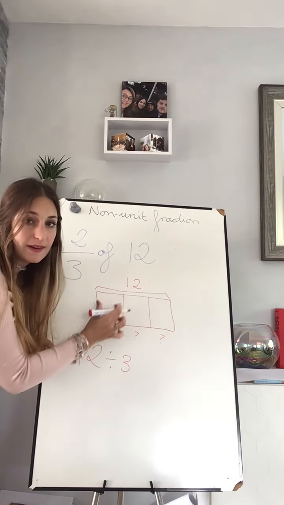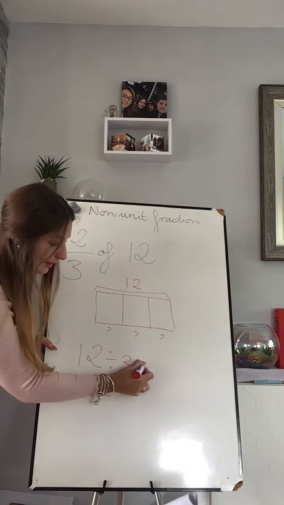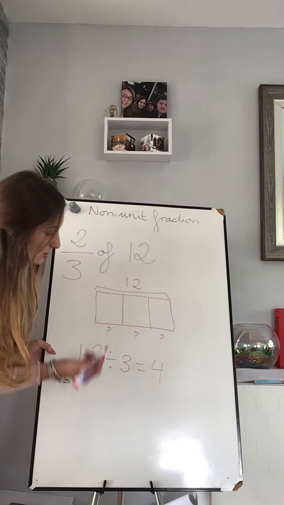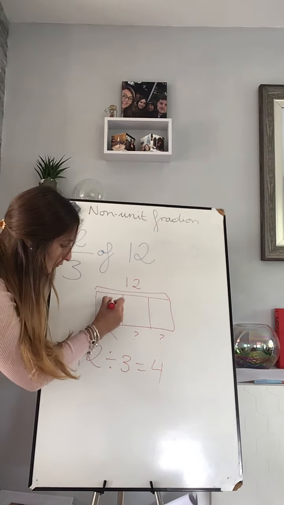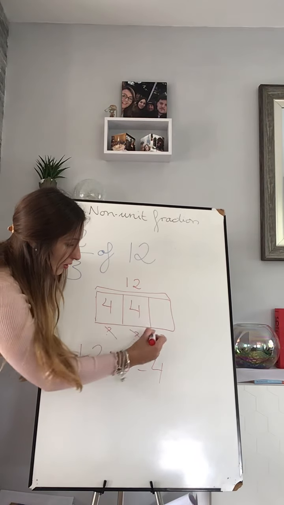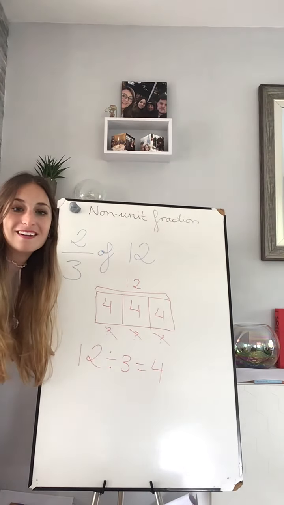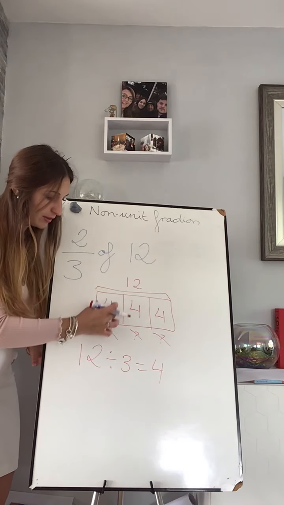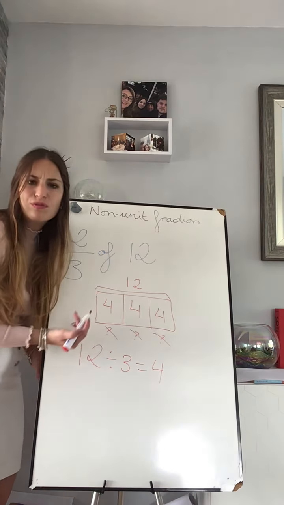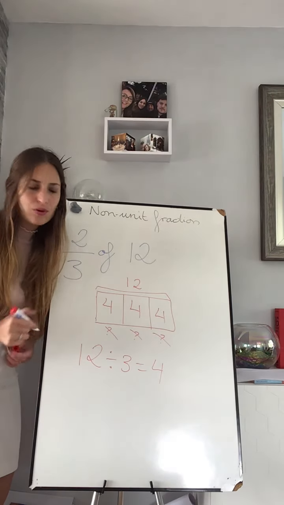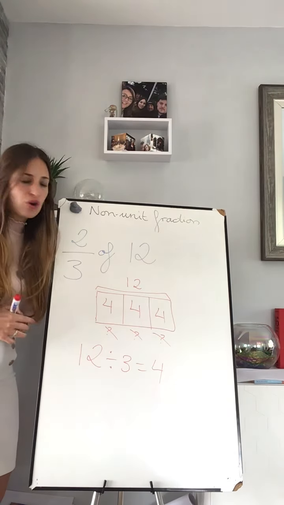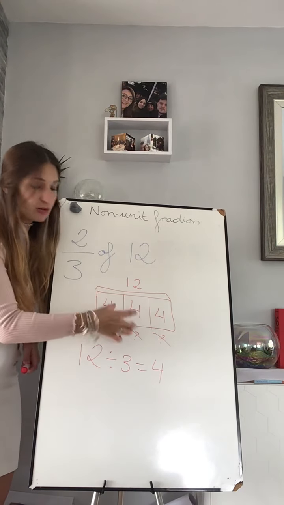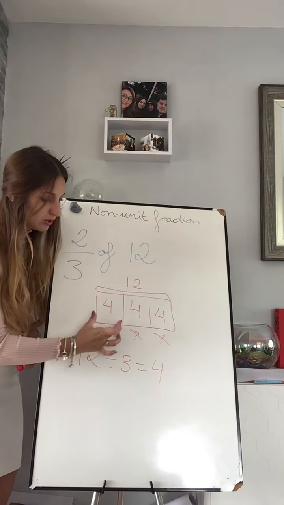I got the 12 and then I divide it into 3 and I get 4. That's right. So now I know that I have 4, 4, and 4. But 4 is 12 divided into 3 groups, so 4 is 1 group of 4. I want to know what is 2 groups of my 3 equal parts. What is 2 of them together?